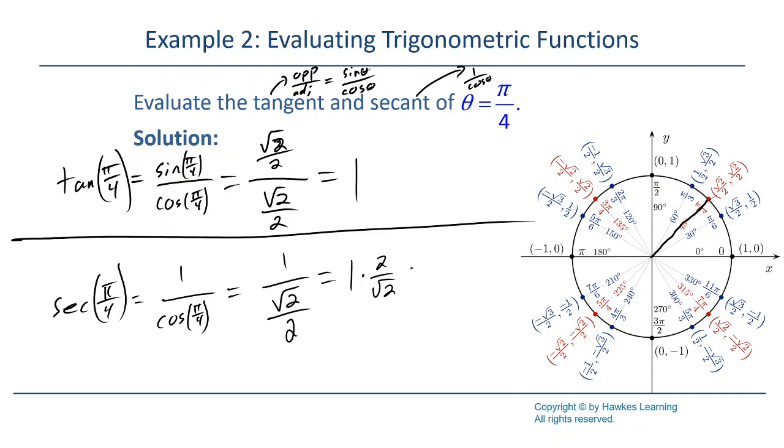So like before, my goal is to remove the square root. And to remove the square root, I just multiply by what's under it. So this gives me 2 square roots of 2 divided by 2, which those twos would reduce with each other. And so now I have that secant of pi over 4 is equal to the square root of 2. So that one's pretty easy.